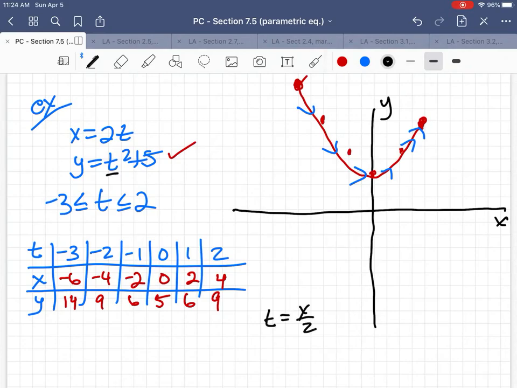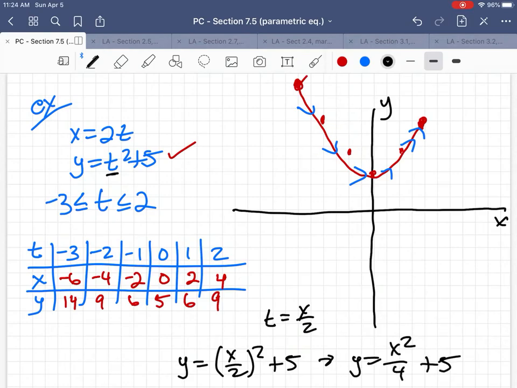And then I'm going to plug that in for t right here. So I get y equals x over 2 squared plus 5, so y equals x squared over 4 plus 5, which pretty much matches what we saw on Desmos. It was crossing at 5 right here. It was a parabola facing up. Anyway, so you can get the endpoints by doing the beginning and the end right here and where to start and stop. But that's basically it.